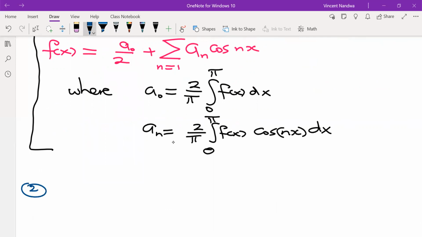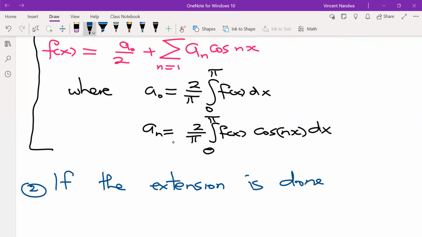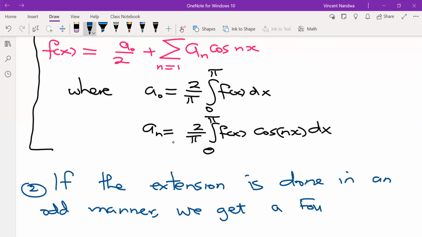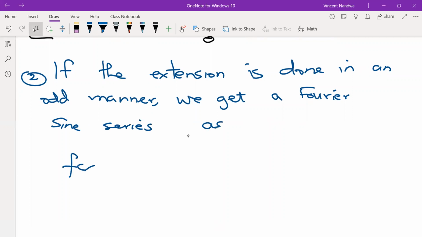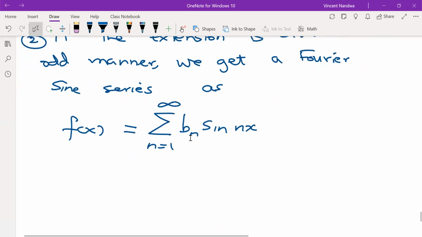Case 2, if the extension is done in an odd manner, we get a Fourier sine series, where f of x is given by just summation n from 1 to infinity of bn sine of nx, since we know that a naught and an in a sine Fourier series expansion are 0.